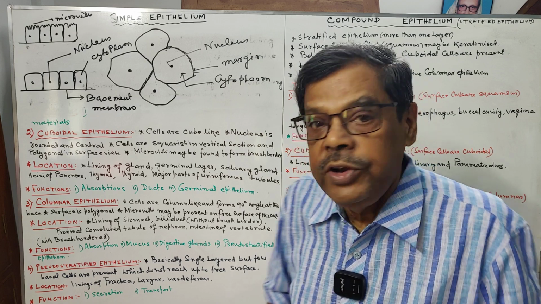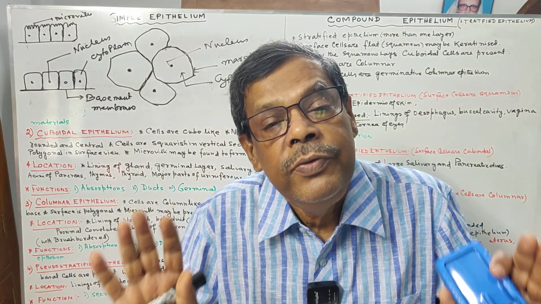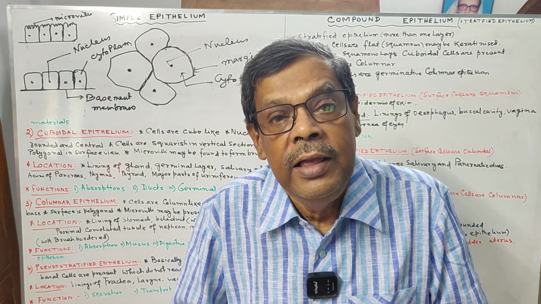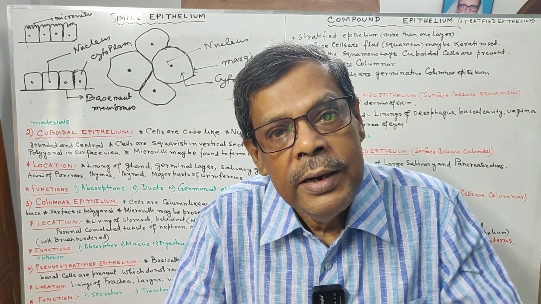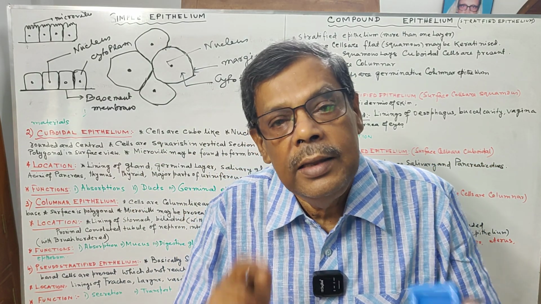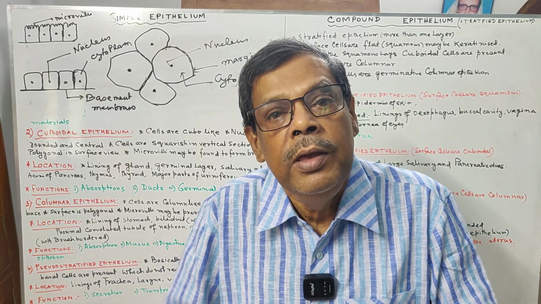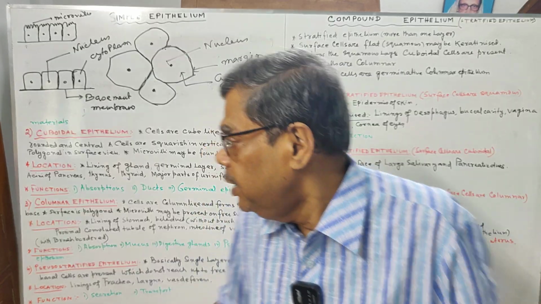Next, pseudostratified epithelium. In the respiratory tract, nasal tract and oviduct, there may be pseudostratified epithelium where columnar epithelium is found.